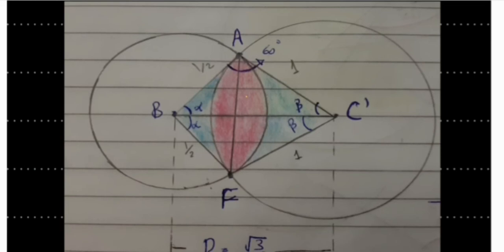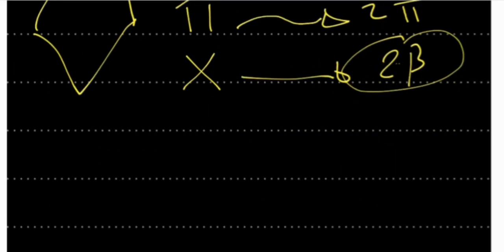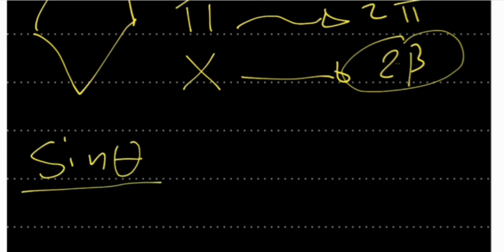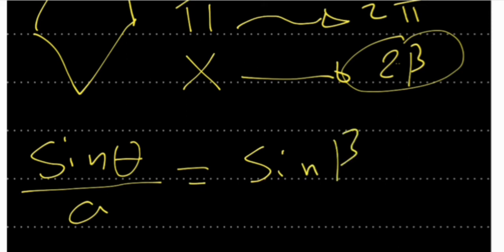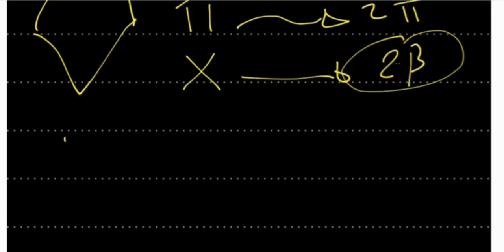So how can we find this beta over here? Well, look, we can use the sine law. What do I mean by this? Do you remember that if you have an angle, the sine of an angle divided by the side that is opposite to it is equal to the sine of another angle divided by its opposite side? What does this mean?